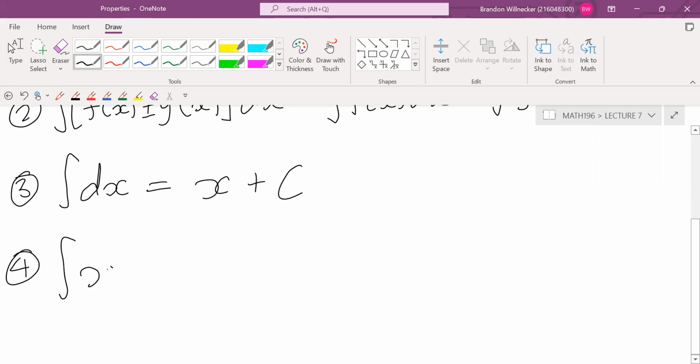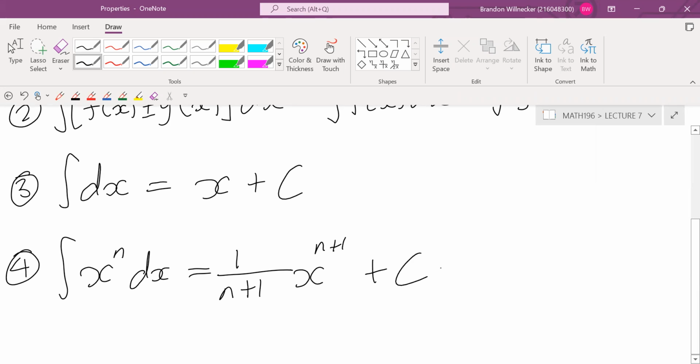If I have the integral of x to the n dx, again, this is just an antiderivative, so we use the antiderivative power law. You add 1 to the exponent, divide by the new exponent. So we get 1 over n plus 1, x to the n plus 1, and don't forget your plus c.